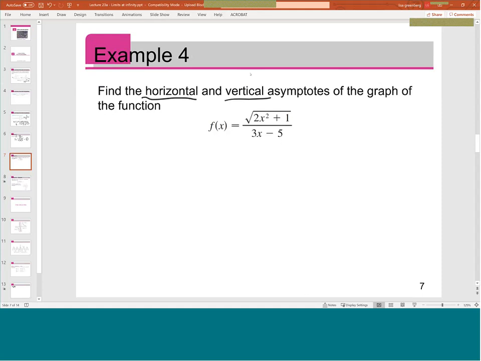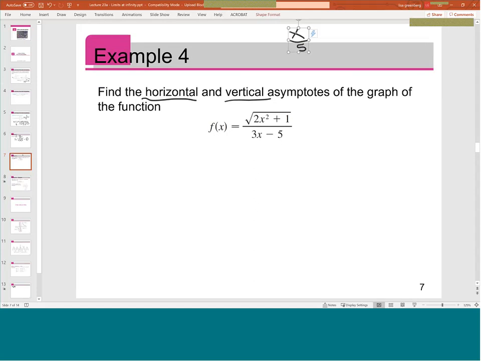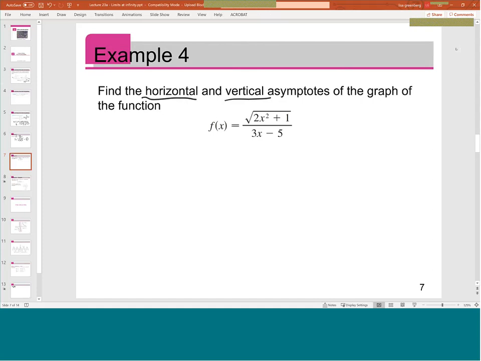So if I have x over 5, does that give me a vertical asymptote if x equals 0? No. So that's not it. It's the denominator. It's undefined when the denominator equals 0, right? Uh-huh. So I have a vertical asymptote at 5/3.